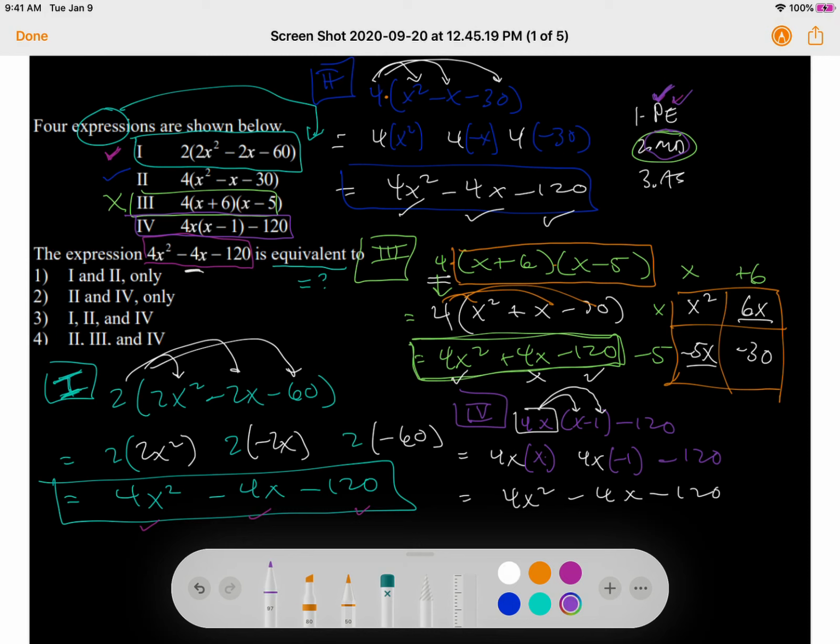Okay, so this is my answer for the purple, and let's go ahead and match that up to the pink. 4x squareds match, negative 4x match, and negative 120 match. So I have 1, 2, and 4. 1, 2, and 4 would be choice 4 as your answer. Choice 4, option 4 is your answer.